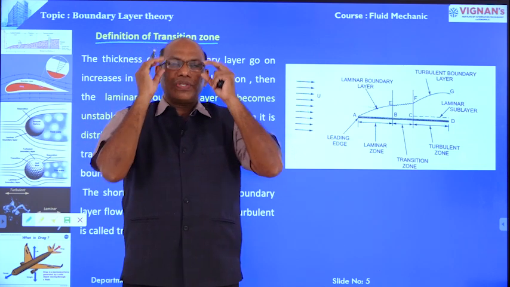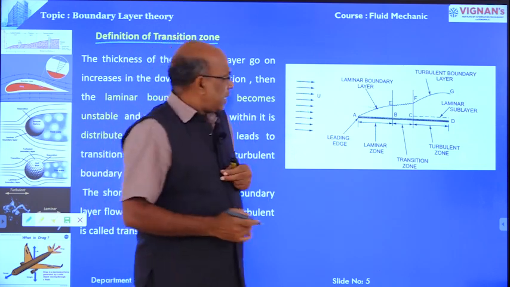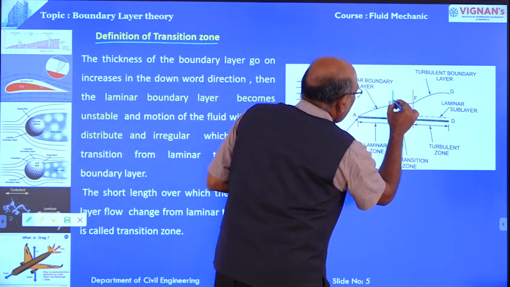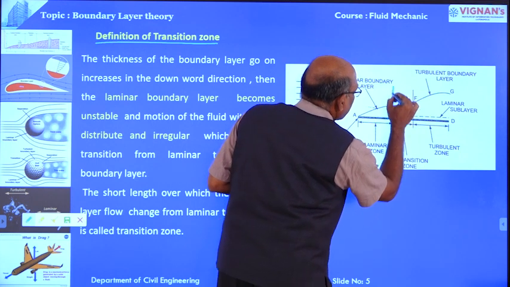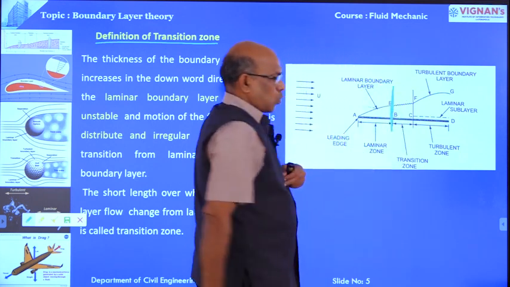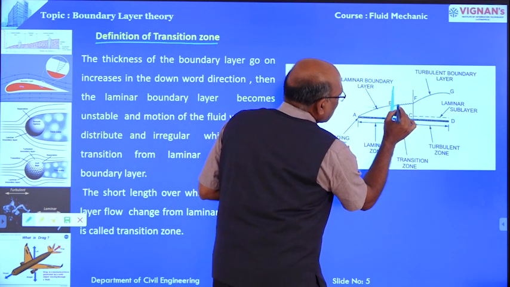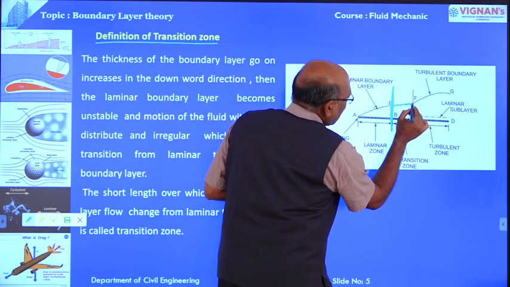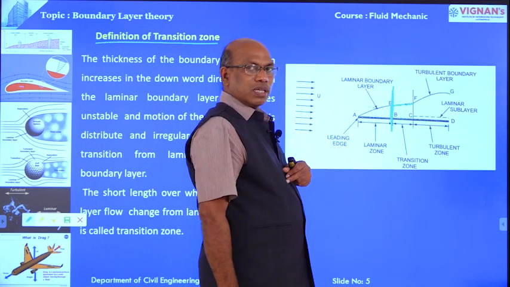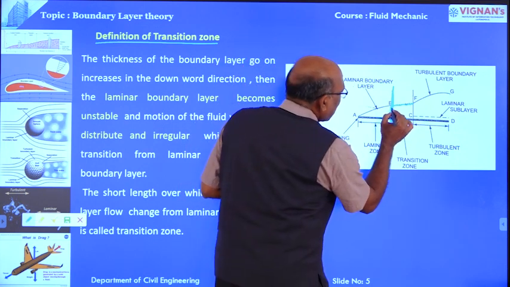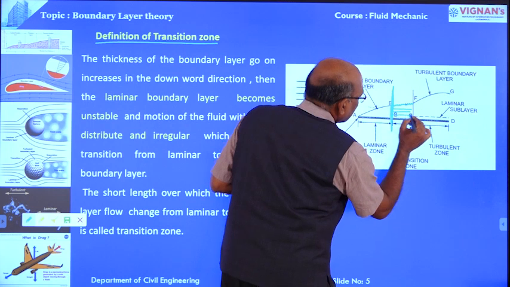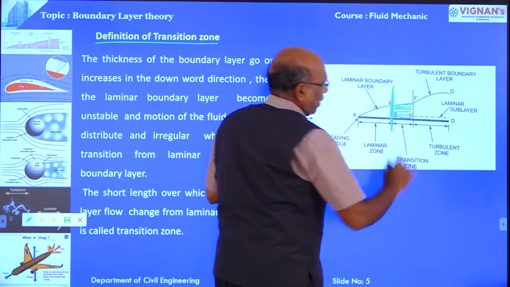Definition of transition zone. Beyond the laminar boundary layer, or beyond the laminar zone, the boundary layer is unstable. The flow in this area is disturbed and irregular.